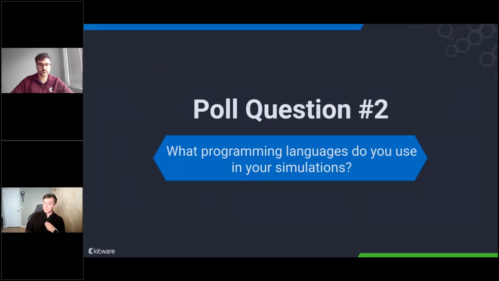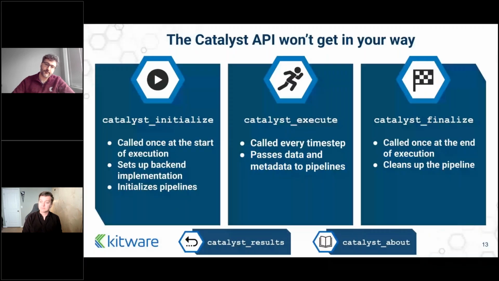Hey, before you do that, Corey, there is a question. Absolutely. Perfect. It says, do you have to call Catalyst execute every time step? You do not. You can. It's flexible enough to do that, and there's a number of different ways to specify when the pipeline is actually run. If you want to manage the cadence that you call Catalyst execute from your simulation, that's totally fine.